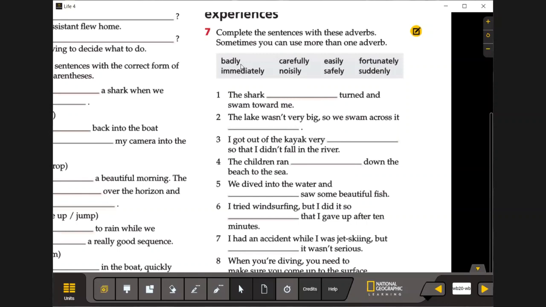Suddenly. For example, imagine that you are queuing at the bank and suddenly somebody begins coughing. Okay, so this is suddenly. Fortunately for you, you're wearing the mask, because from now on, we need to live safely. Yes, we need to live safely.